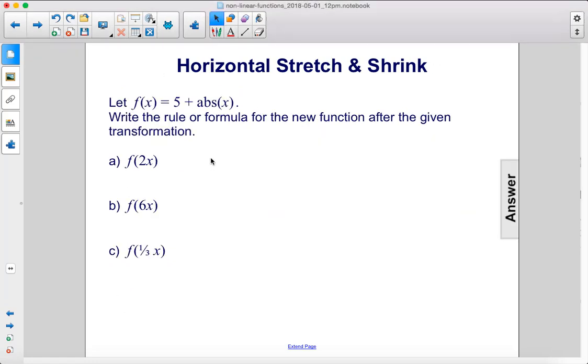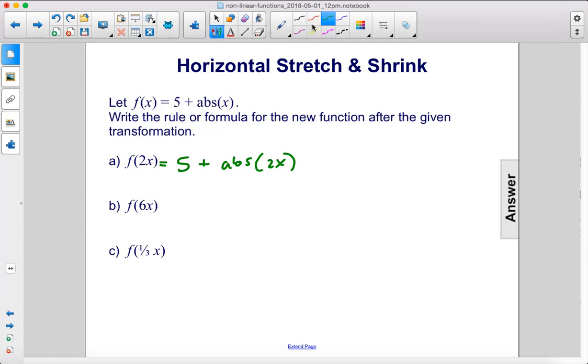Let f of x equal 5 plus the absolute value of x. Write the rule or formula for the new function after the given transformation. Alright, so we have f of 2x, so that would be 5 plus the absolute value of 2x. Here we have f of 6x, so that's 5 plus the absolute value of 6x.